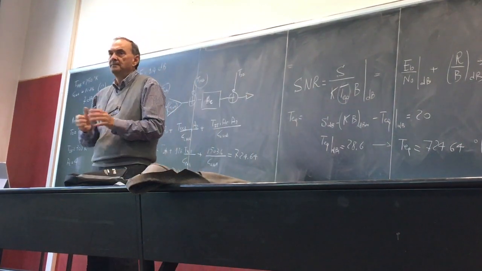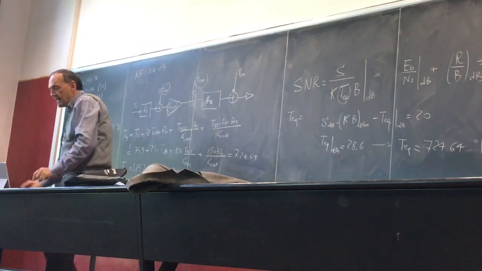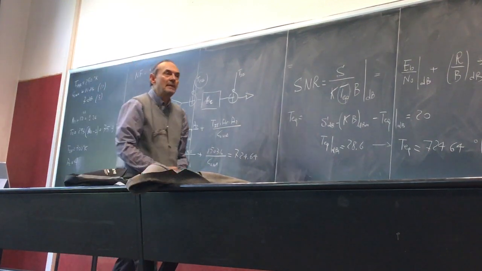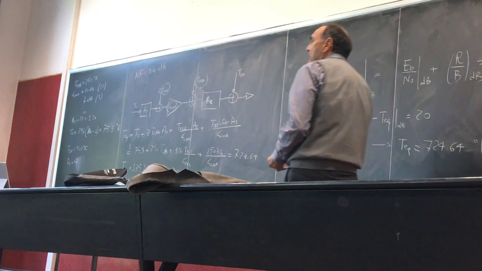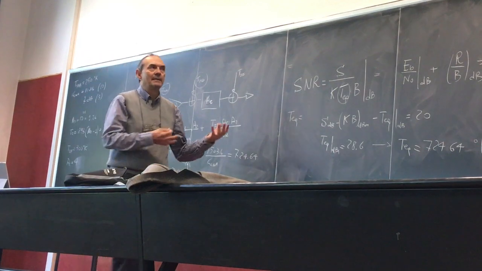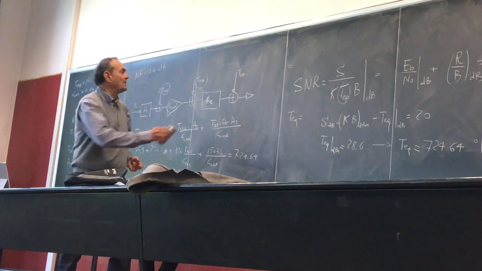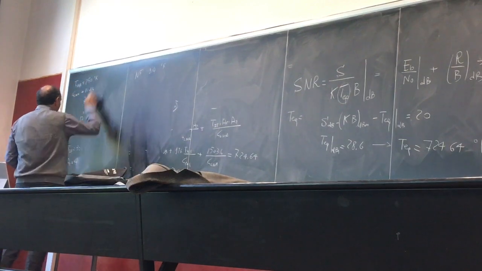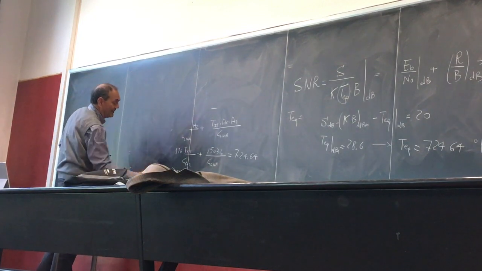Okay, it's clear? Well, now we can move to the second part of this problem, which is less usual. Now we still have to do with a budget equation, but in this case, the budget equation refers to the nonlinear behavior of our front end. In practice, we have a relationship between the maximum power, the sensitivity, and the IIP3 of the receiver, of the whole receiver.